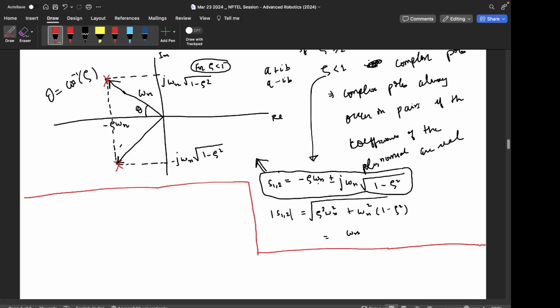Omega n is definitely positive, and xi will most likely be positive, because I'm not sure if negative damping can happen, but that is a very specific case. For all practical purposes, you can consider that xi will also be greater than 0. So the product of two positive numbers with a minus sign means the real part will always be less than 0, and that's why this system will be stable.